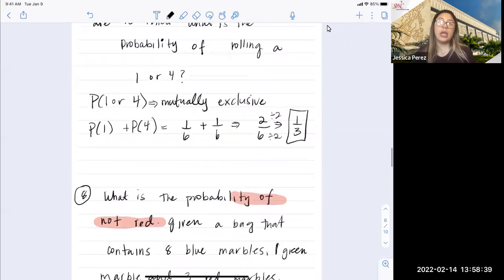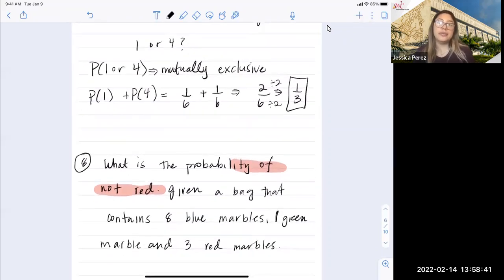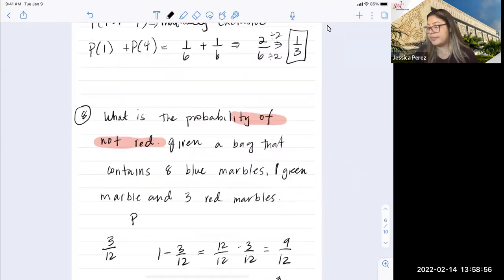Okay. What is the probability of not red, given a bag that contains 8 blue marbles, one green marble, and 3 red marbles? Remember, the probability of not the event is 1 minus the probability of the event.